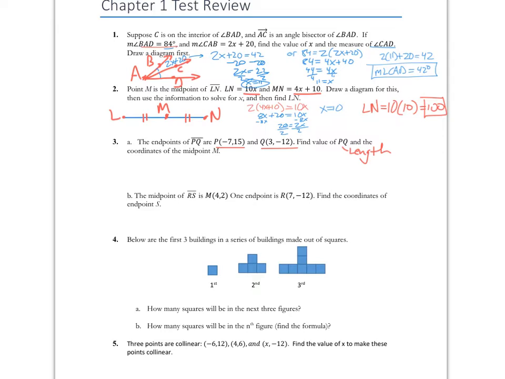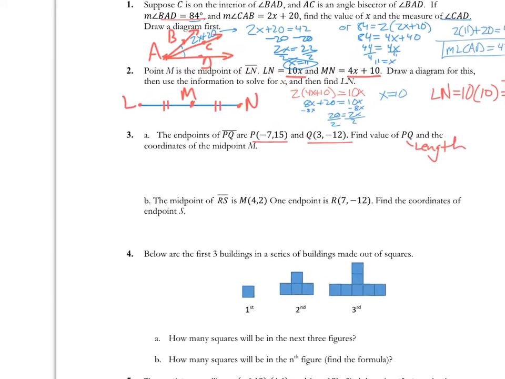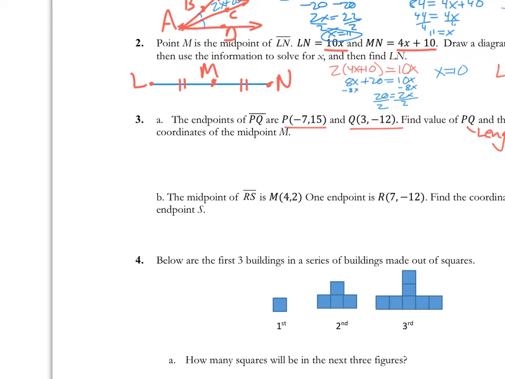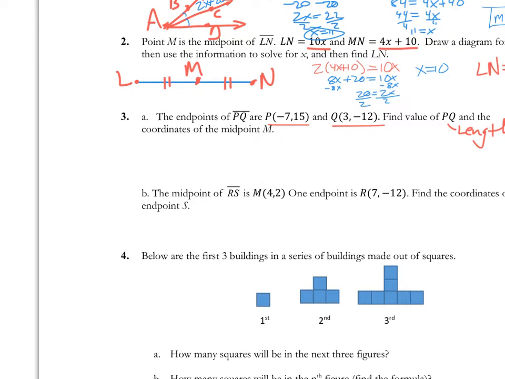So 2 parts. Length. We could graph this and use the Pythagorean theorem. That would be fine. So you could sketch it out and say 3, negative 12 is somewhere down here.